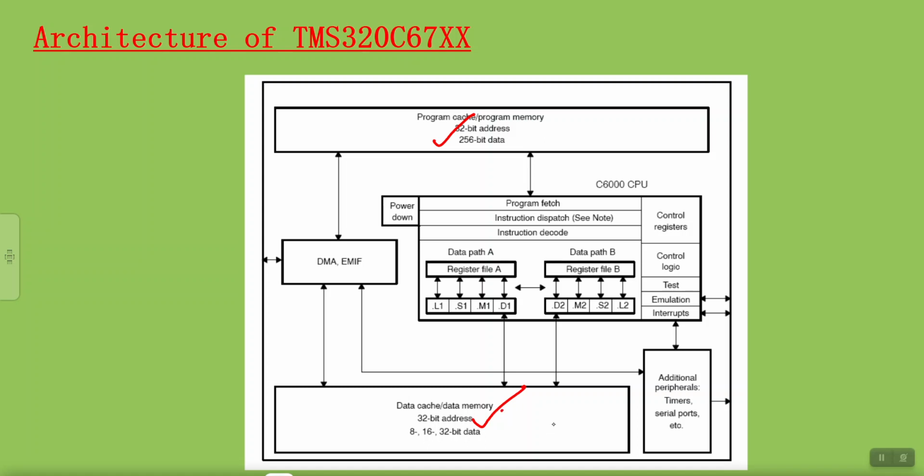Both have 32-bit address lines. The program memory has 256-bit data, and the data memory has variable bit data like 8, 16, 32 like this.